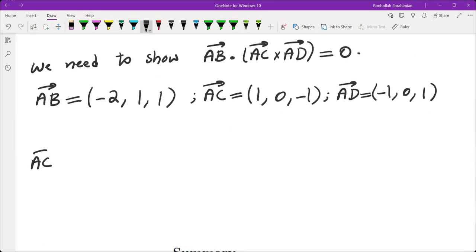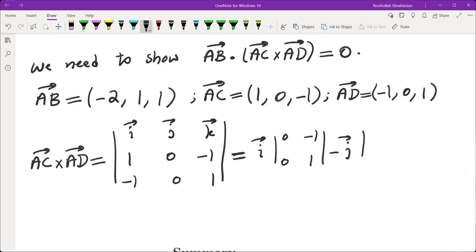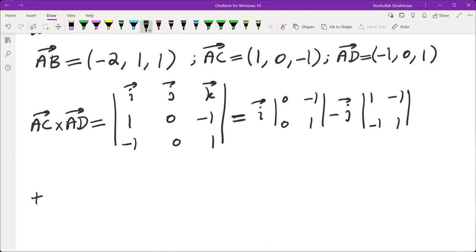So AC cross AD is going to be i, j, k, with AC as 1, 0, negative 1 and AD as negative 1, 0, 1. Let's evaluate this and see what we get. We get i times the determinant of 0, negative 1, 0, 1, minus j times the determinant of 1, negative 1, negative 1, 1, and then finally plus k times the determinant of 1, 0, negative 1, 0.